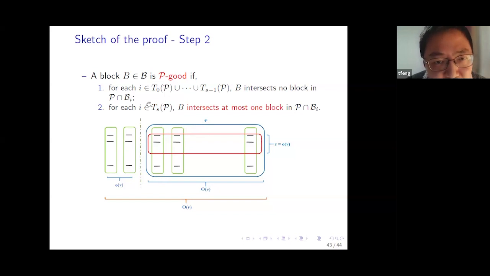But the property of P being good can guarantee only one base block intersects with this one. So that means we can only destroy a small o(v) number of base block orbits such that each contains only S minus 1 disjoint base blocks. And finally, we give the proof.